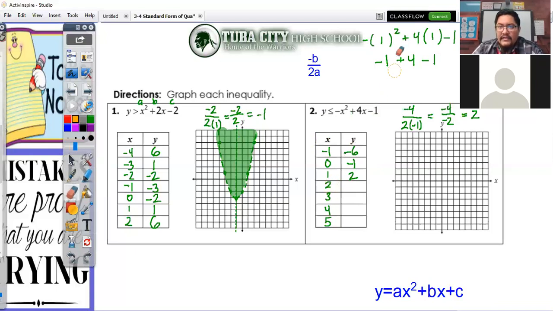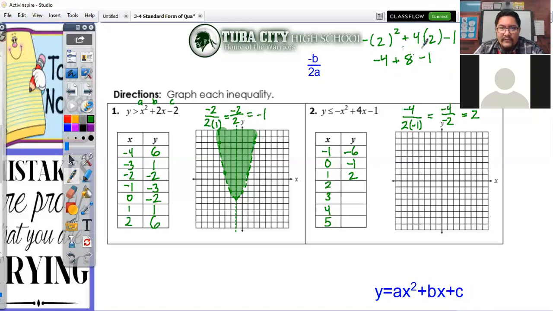And then here I got 2, so I'm going to put that one in next. So 2. 2 squared is going to be 4. The negative jumps in. 4 times 2 would be 8. All right, now in this case, I'm going to put my negatives together.